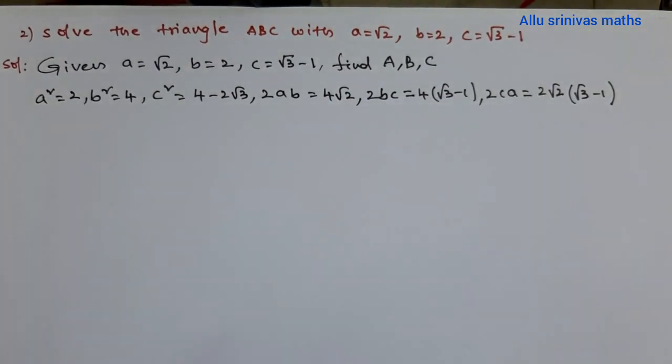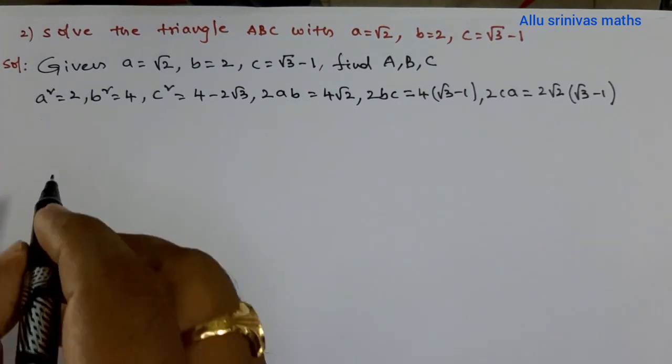For finding angle A, angle B and angle C, first we write the formula for angle A, the cosine rule.